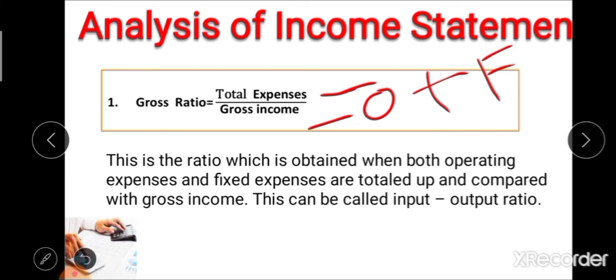It shows the relationship between total expenses and gross income. This ratio is obtained when both operating expenses and fixed expenses are totaled up and compared with gross income. Operating expenses plus fixed expenses equal total expenses. This gross ratio is also called the input output ratio.